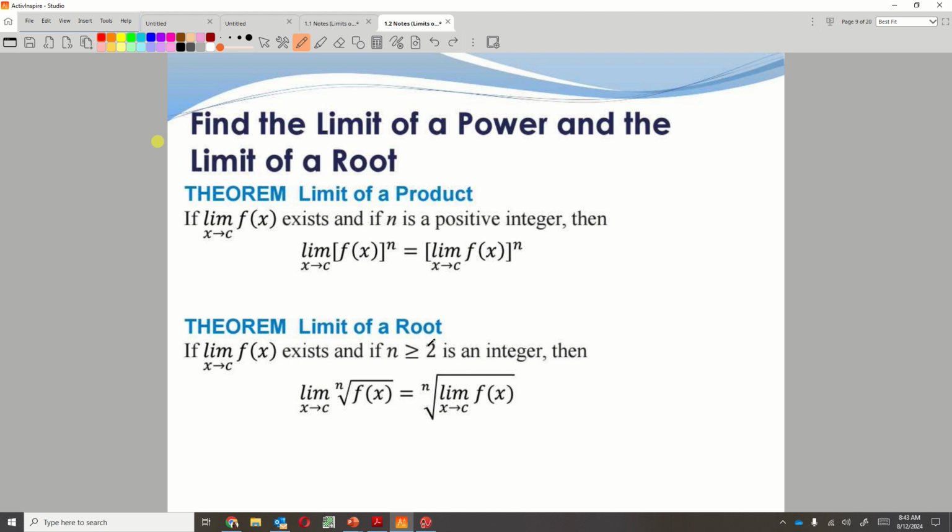So that is important. If it's greater than 2, then the function, the limit on the inside of the radical is the same as the limit on the outside of that radical. So this is going to be helpful to change back and forth.